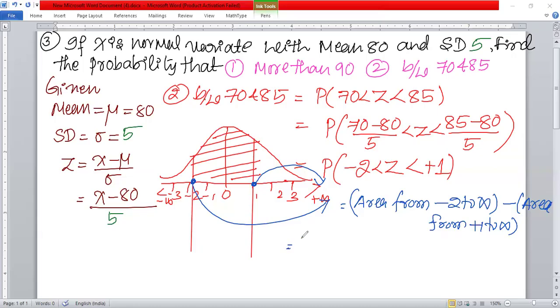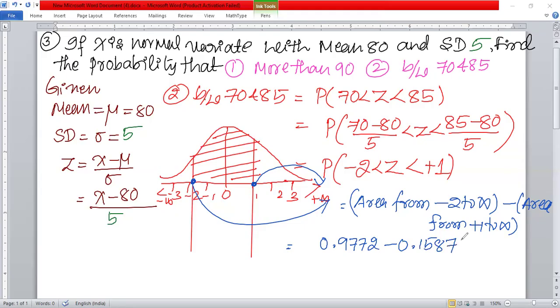So area from minus 2 to infinity is 0.9772, minus plus 1, 0.1587.